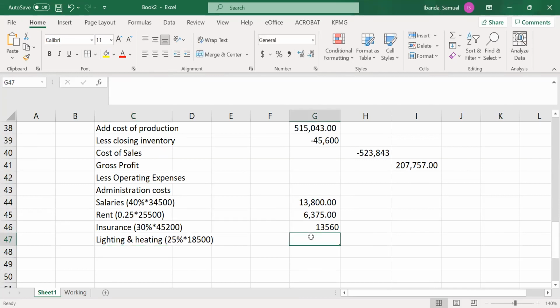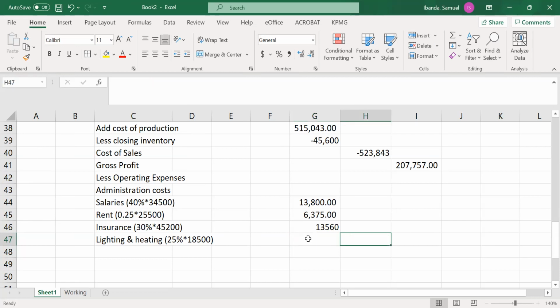Let's pick the same value. 25% of this should be able to give us... okay, it's coming as text.